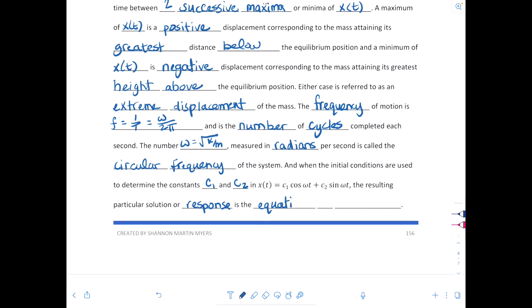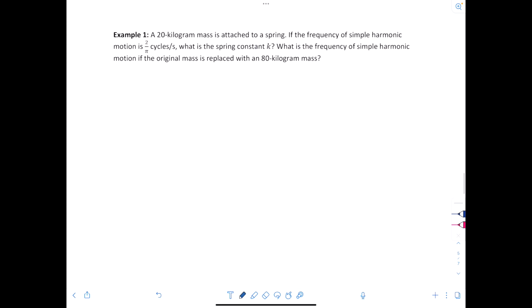All right, so we've got all of these little terms down and all these bits and pieces. So now let's look at an example. Example 1, we have a 20 kilogram mass attached to a spring. If the frequency of simple harmonic motion is 2 over pi cycles per second, what is the spring constant k?